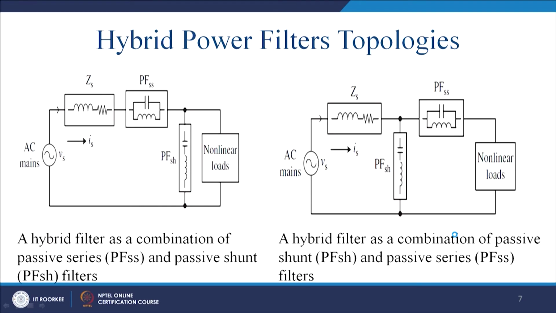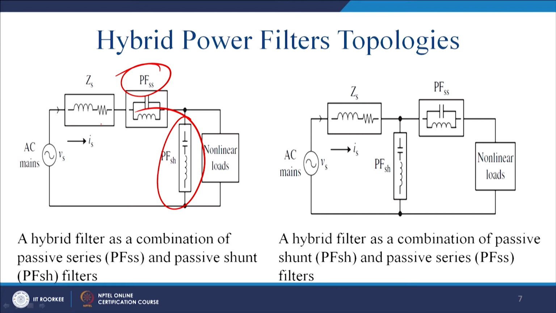So, let us see that the hybrid filter is a combination of the passive series filter and the passive shunt filter. So, then it is called the passive filter. You have this one, a passive series filter, and this one is your passive shunt filter.